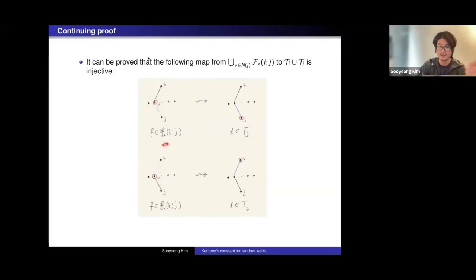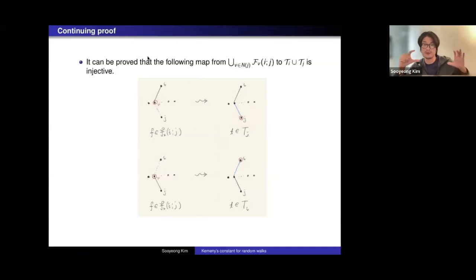In this case, we send this forest to this spanning tree by adding this edge here, deleting root v, and assigning j as root. Similarly here, adding an edge here, generating a spanning tree, and then assigning I as root.